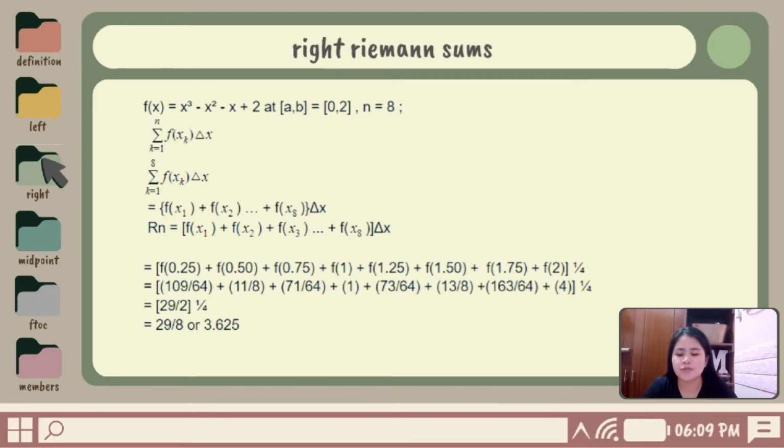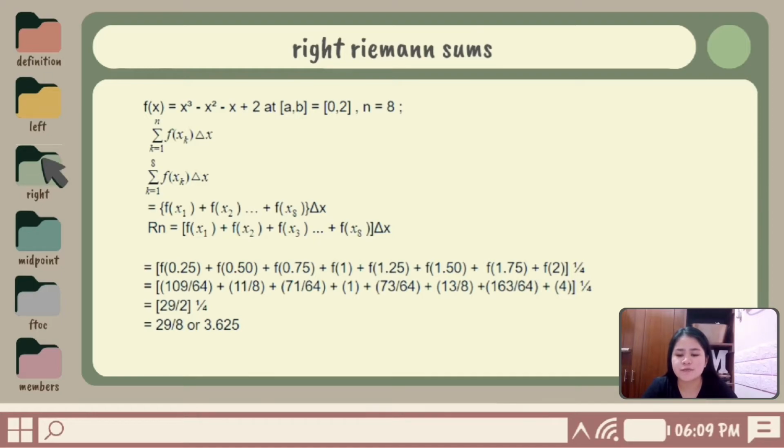Substituting the given values, it will be f of 0.25 plus f of 0.50 plus f of 0.75 plus f of 1 plus f of 1.25 plus f of 1.50 plus f of 1.75 plus f of 2, times 1/4.